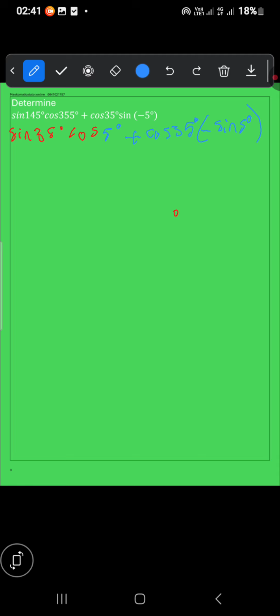So this is sine 35. This is cos 5 degrees. Then when you multiply these two, there's a plus here. You multiply the two, you get negative cos 35 sine 5 degrees.